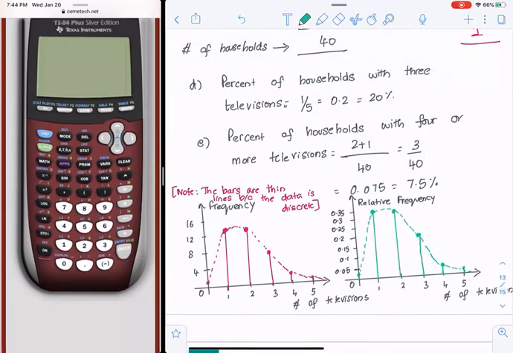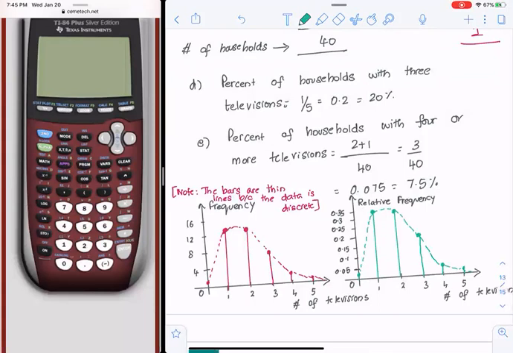Now, pardon my artistic talents, but in terms of the shape, both of them look pretty much the same overall. But what changed? The frequency histogram that we drew has frequencies on the y-axis. The relative frequency histogram that we drew has relative frequencies on the y-axis.